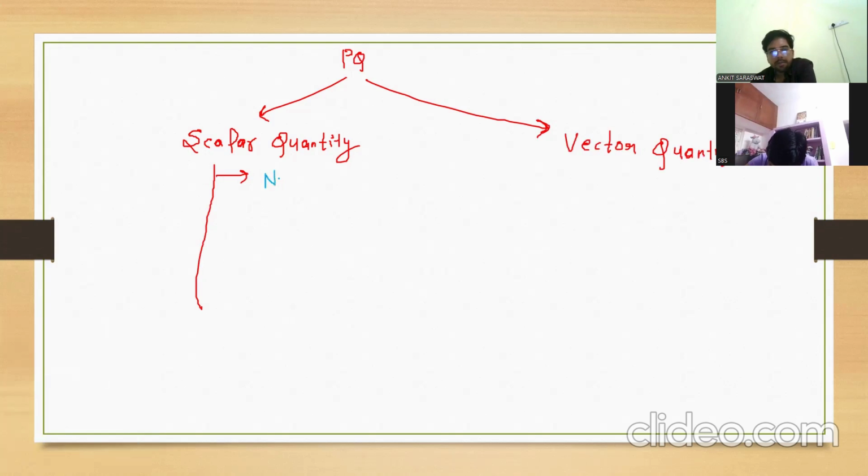In a vector, the vector also has a numerical value, but along with the numerical value, it has direction.